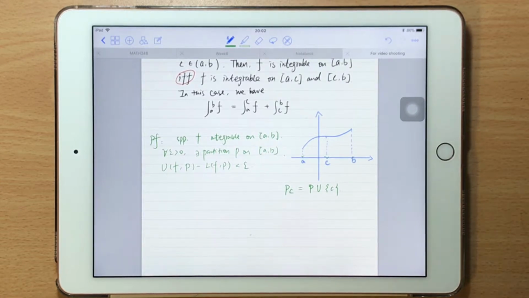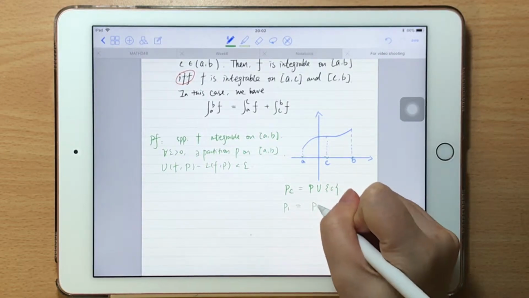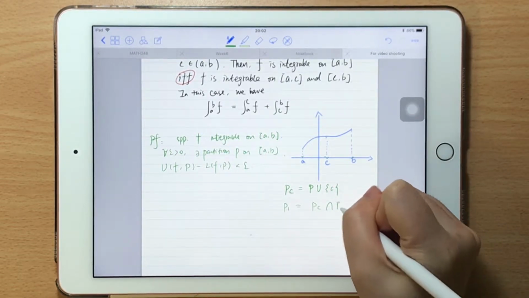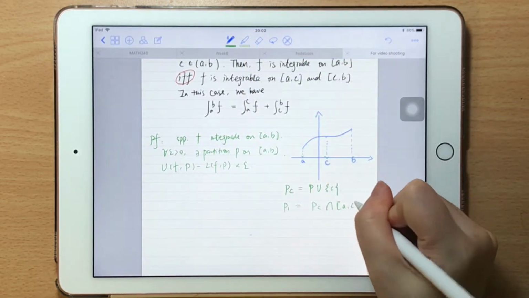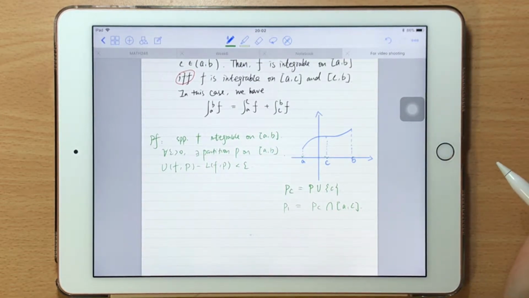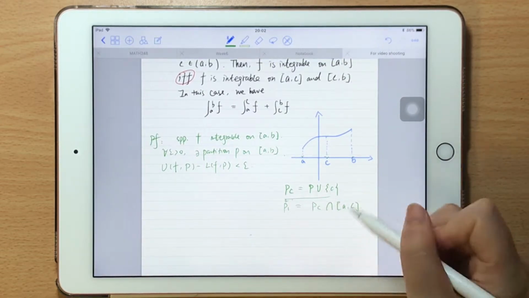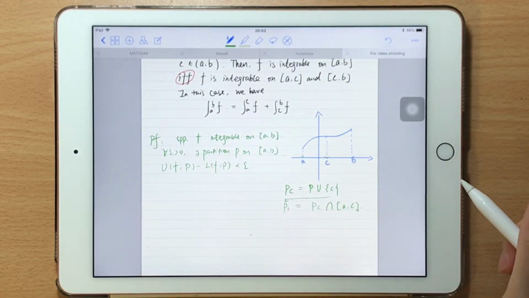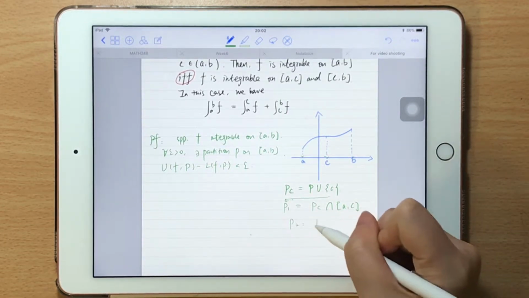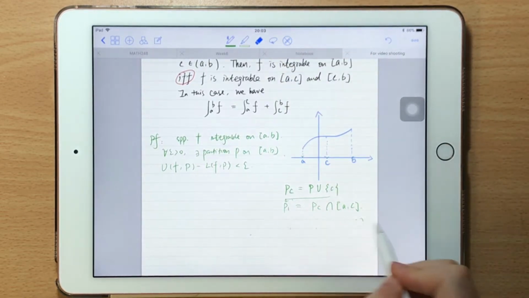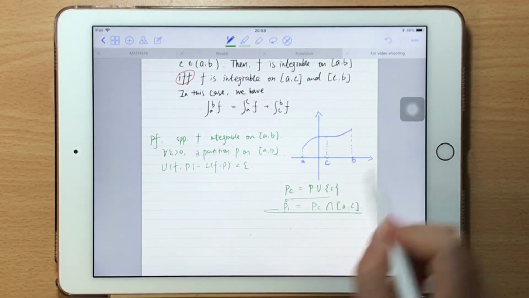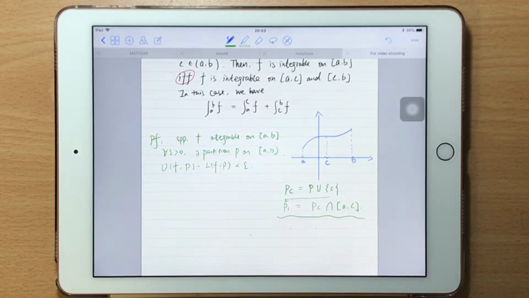Then let P1 be the intersection of P_c and [a,c], this subinterval. Now everything's prepared, because c is included in the partition P1. Similarly, you can take P2 to be P_c intersect [c,b]. It's the same thing.